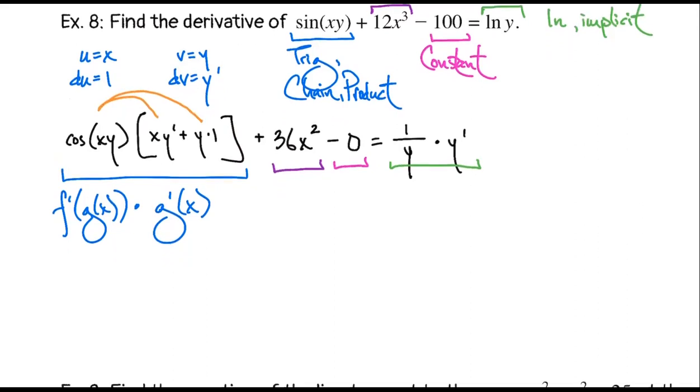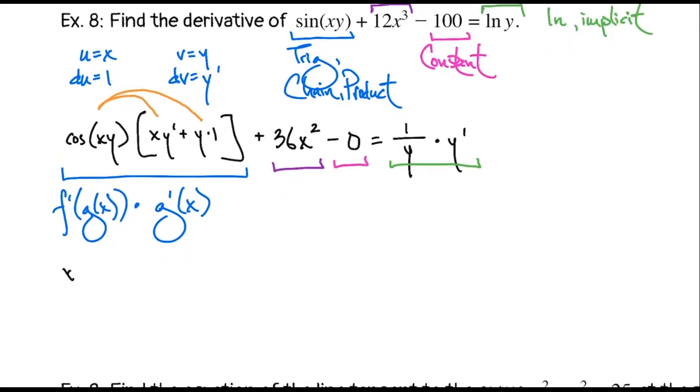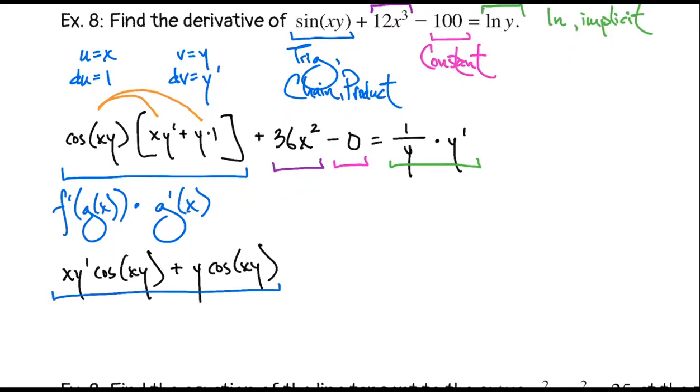Okay. So we're going to get xy prime cosine of xy plus y cosine of xy. And that's just the blue part distributed. Okay. A lot of times when we have that chain rule where we have something inside a cosine or a sine, we need to distribute in order to move forward. Okay.